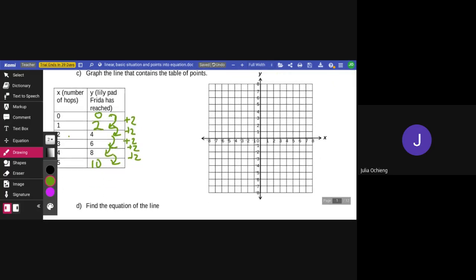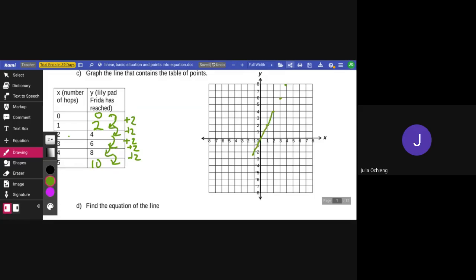All right, C, graph the line that contains the table of points. So we're going to graph those points: (0, 0), (1, 2), (2, 4), (3, 6), (4, 8), (5, 10). Now (5, 10) you can't really graph accurately on this grid, so you don't have to. Your graph of your line should be better than mine because it's very hard to graph on a computer for me.